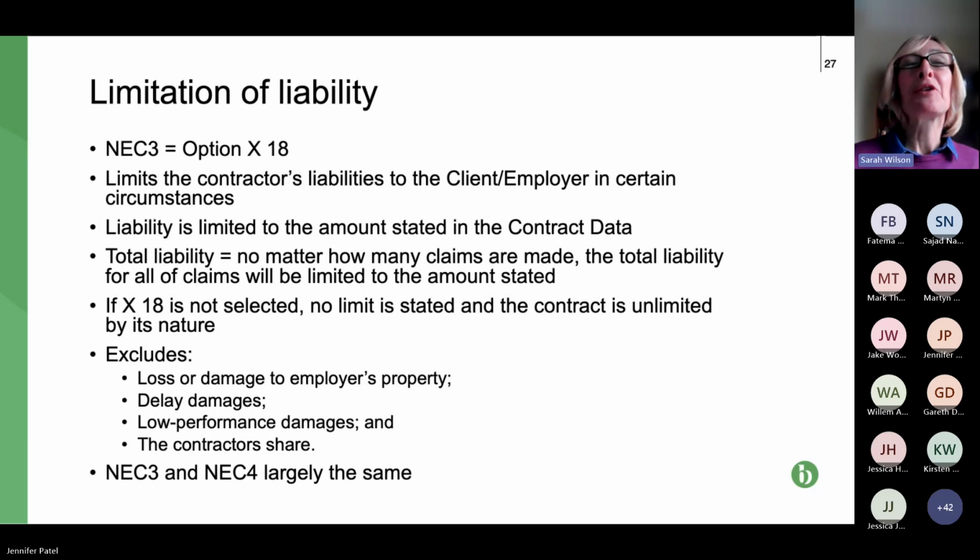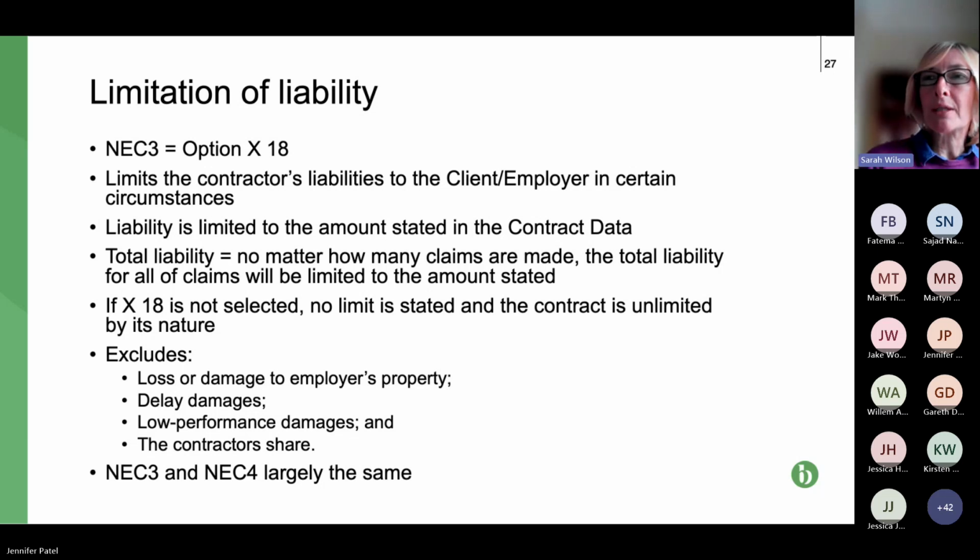Well, yeah. So the clause is X18, so it's an optional clause. And I always say this when I talk about this. I did once see that X18 was included in the contract. So I was reviewing for, I think it was a subcontract. So I was reviewing for the subcontractor. So I'm thinking, great, they've got a limitation of liability clause.